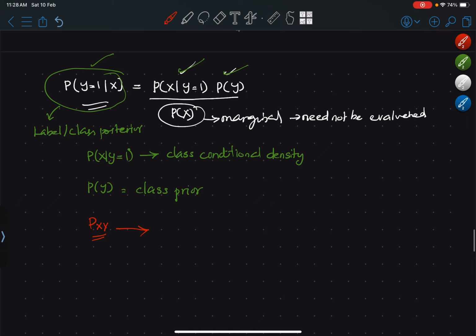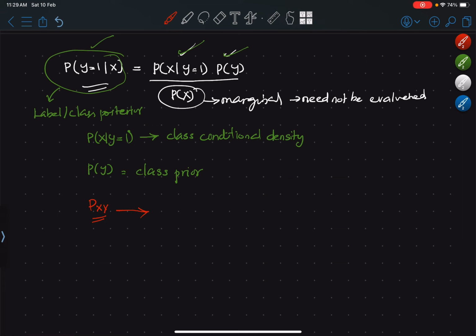Here, we are just breaking it down further and saying that to find the best classifier in a 0-1 loss function setting, we have to estimate the label or class posterior. But in order to find the label or class posterior, we have to find the class conditional density and the class prior.